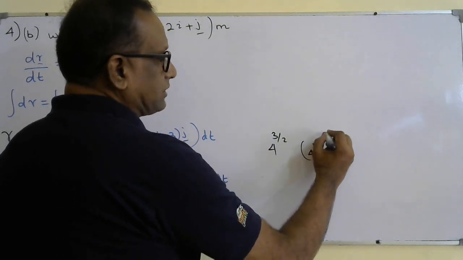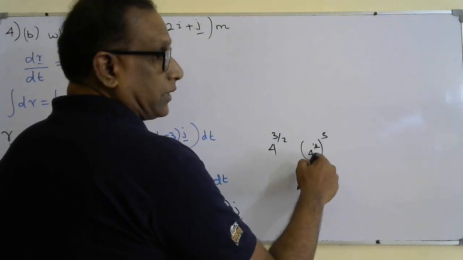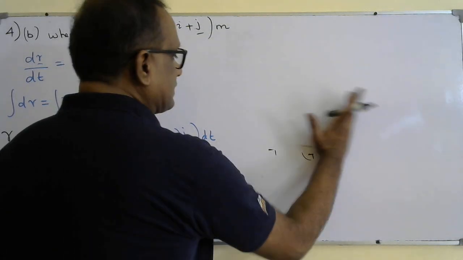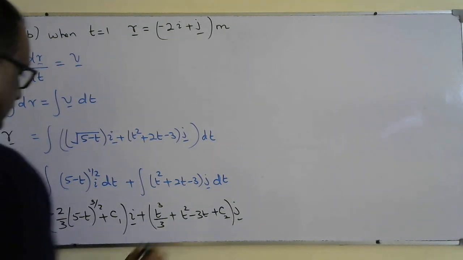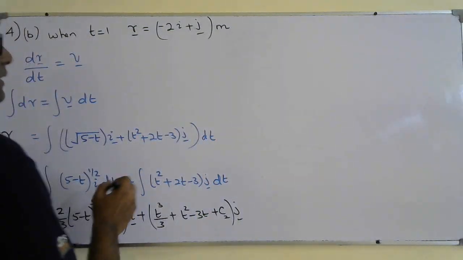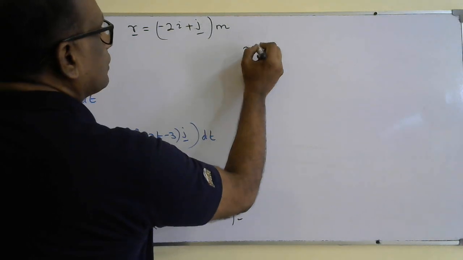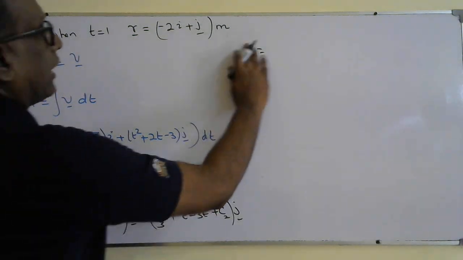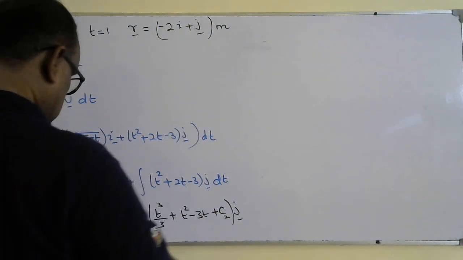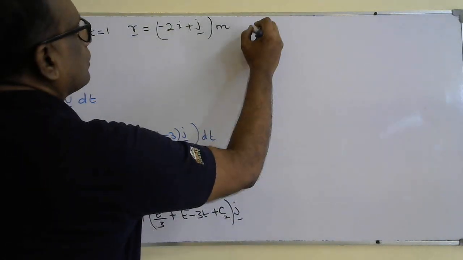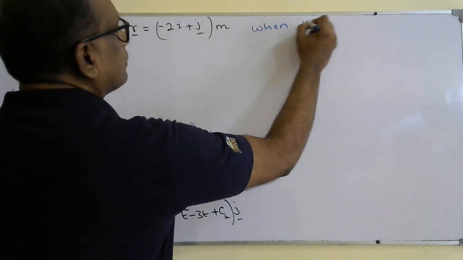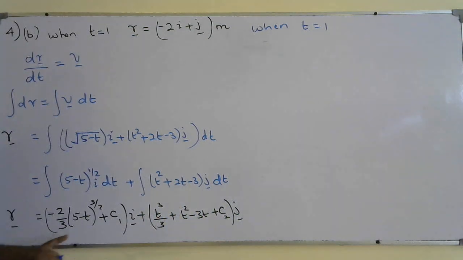You can use a calculator, I'm just doing it without one. So it's going to be 2 by 3 times 8, that is 16 by 3, plus c1. So I'll write it here: r is equal to, when t equals 1, if I substitute this here, it will become 8.